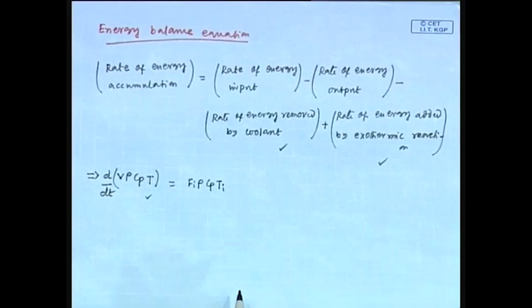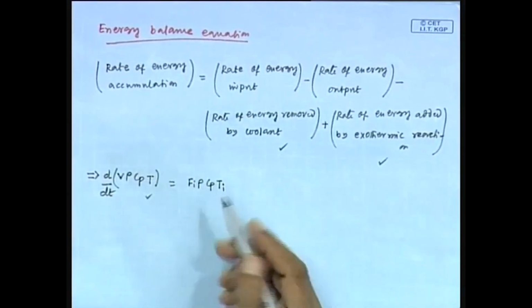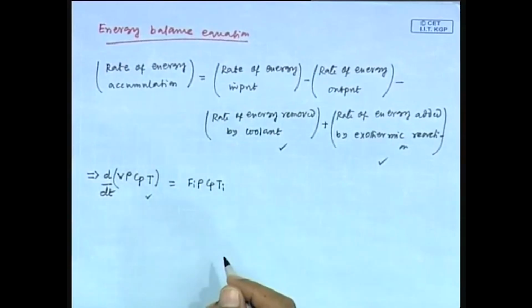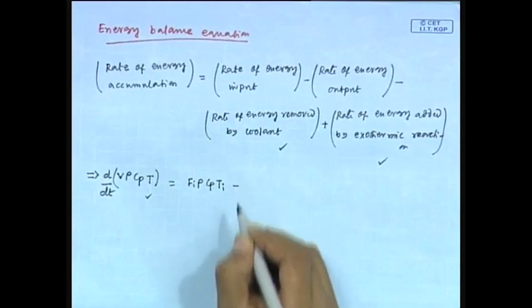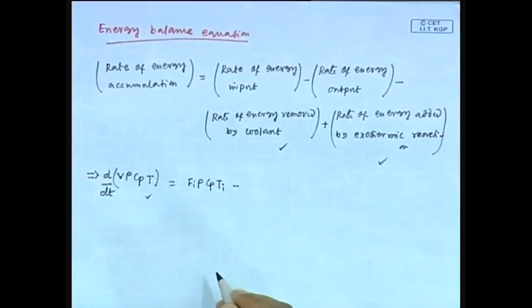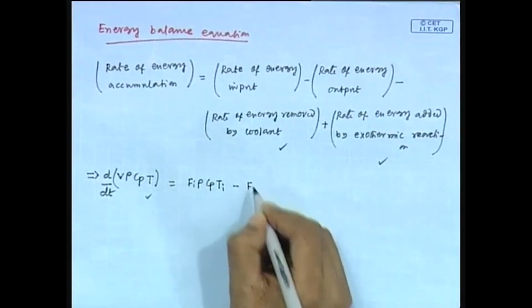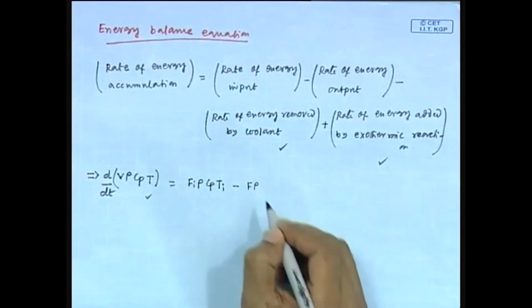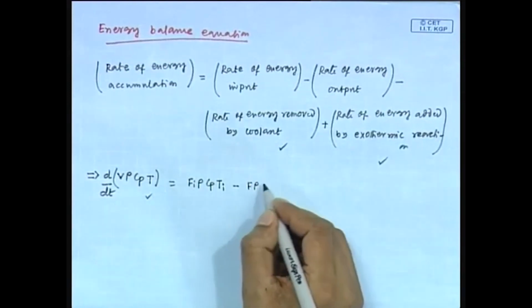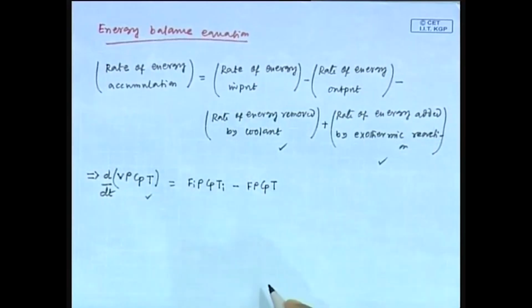So, Ti, and you recall we have considered the Cp, that is constant. What will be the output, rate of energy output? The flow rate of outlet stream, I mean the volumetric flow rate, that is F. Similarly, if we multiply rho, this becomes mass, Cp and outlet temperature is T.